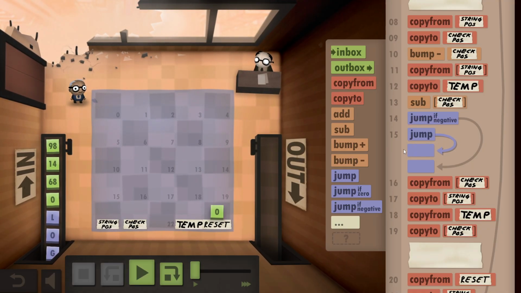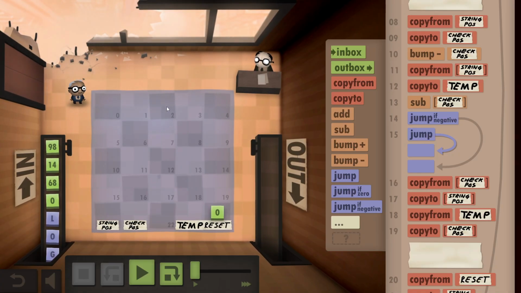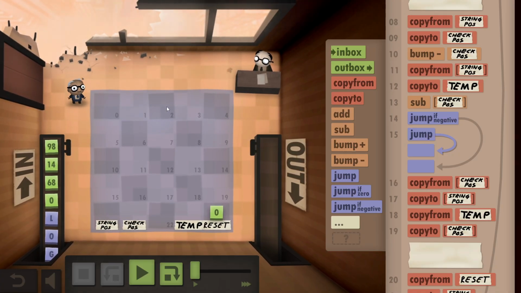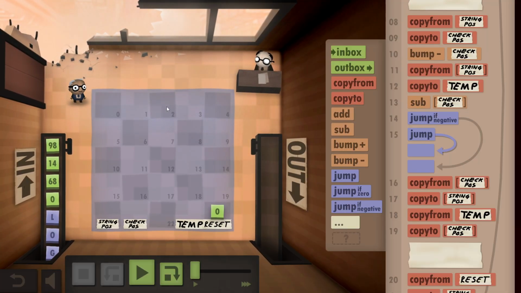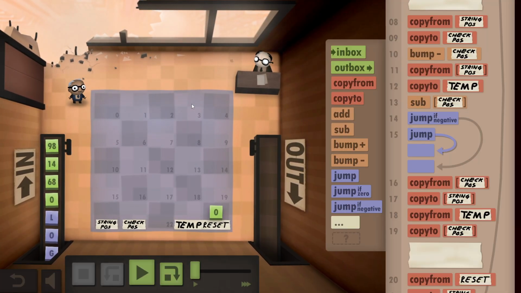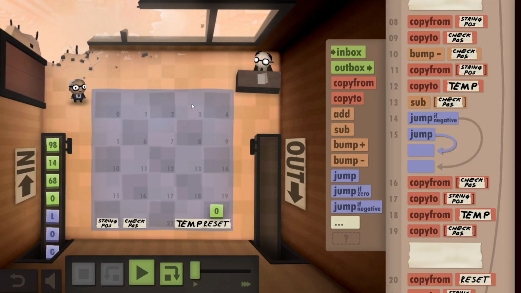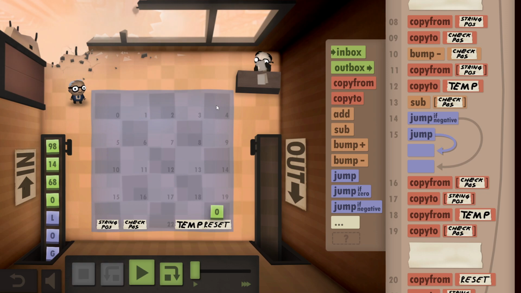If it's not negative, we do that. If it doesn't need to change, we need to check this. No, if it's not changed, then it's good to be there. Okay, that's fine. Goes there.